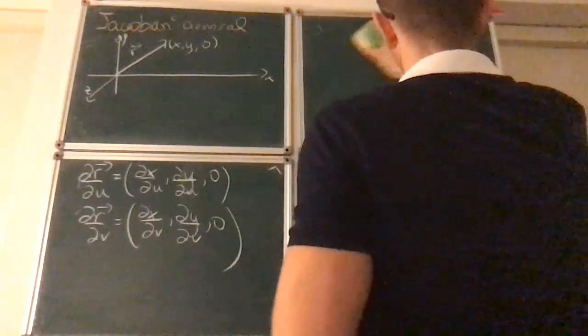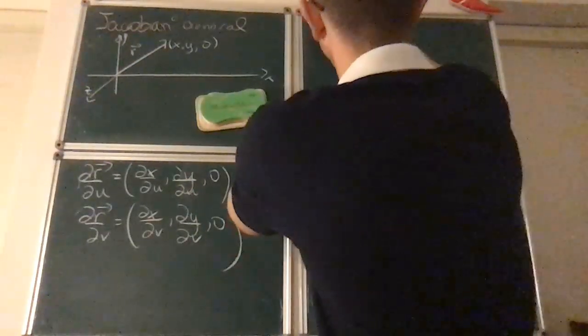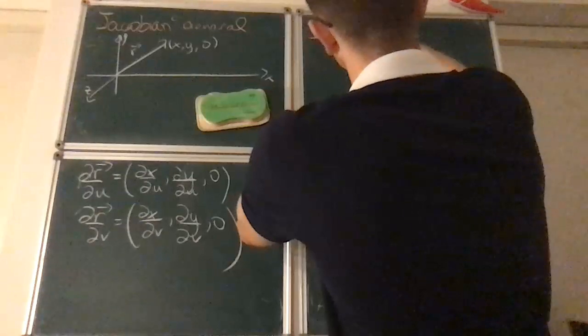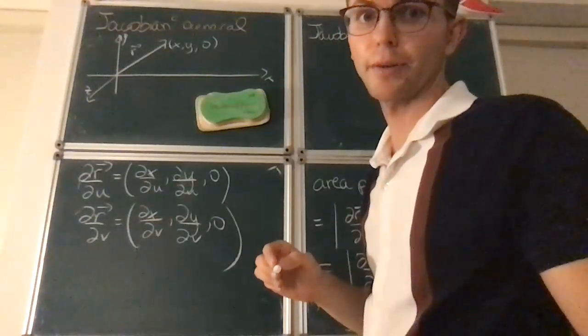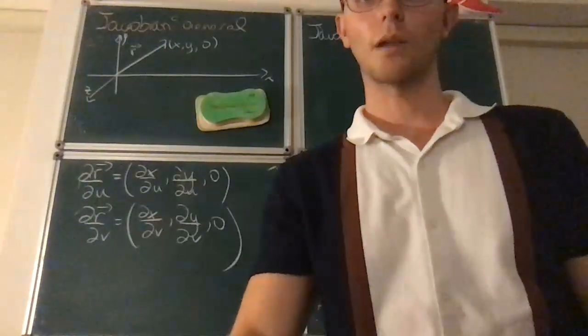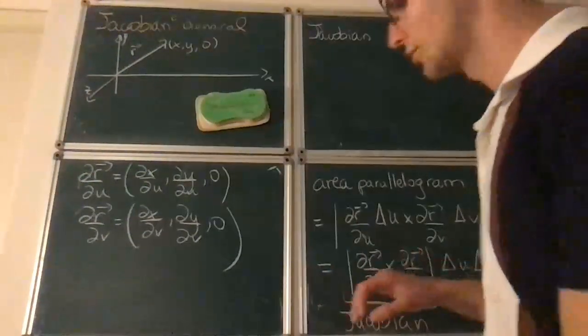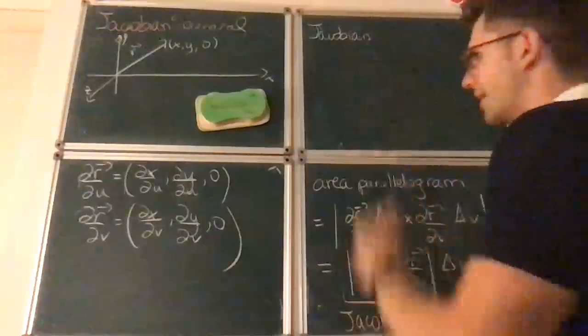So the Jacobian, let me check what notation I want to use for the Jacobian. So the Jacobian is just going to be, I guess we'll include this with absolute values.